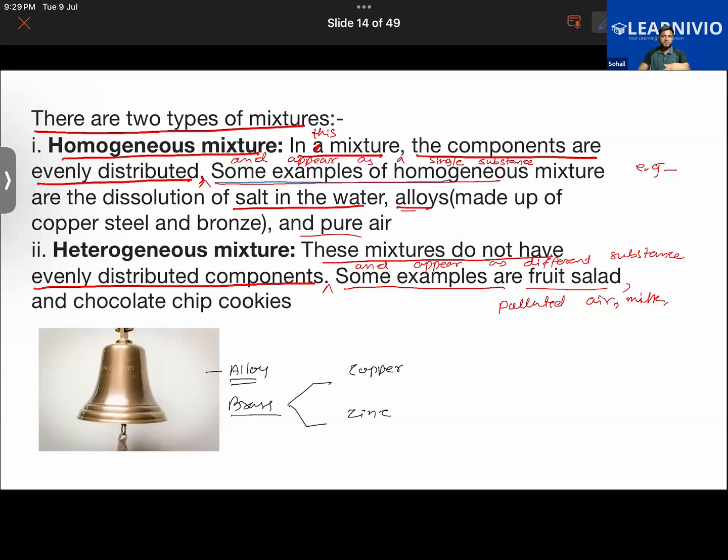In order to separate two different things, you should first be aware of the properties of the two substances of a mixture. For example, you have a mixture of oil and water. You should be aware of the densities of oil and water, what their properties are, and how we have to separate them.